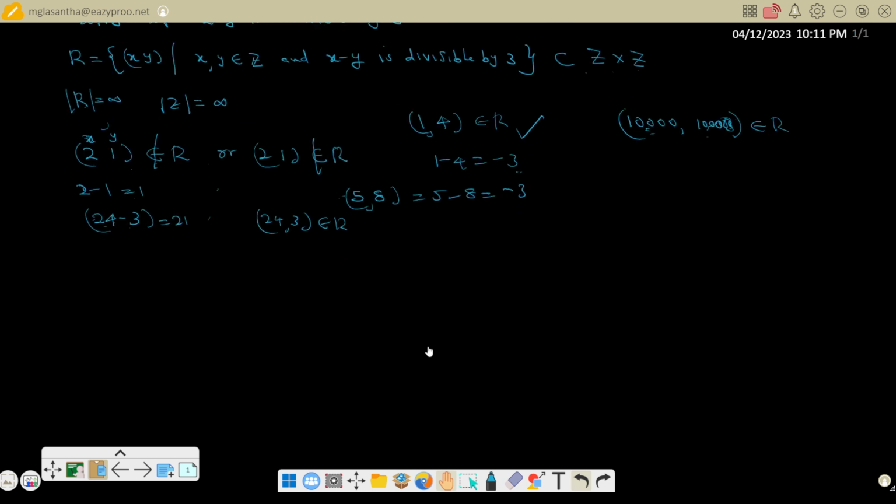What are the properties of a relation? Reflexive property, symmetric property, and transitive property. What is the reflexive property?